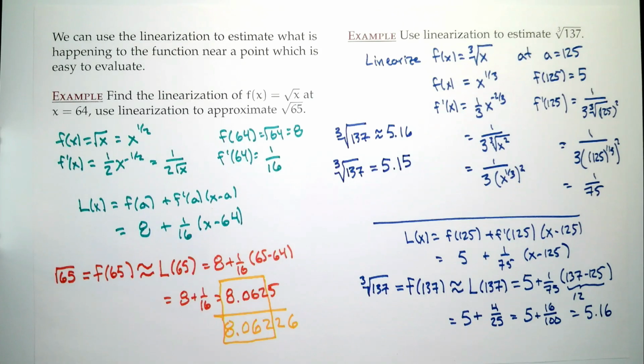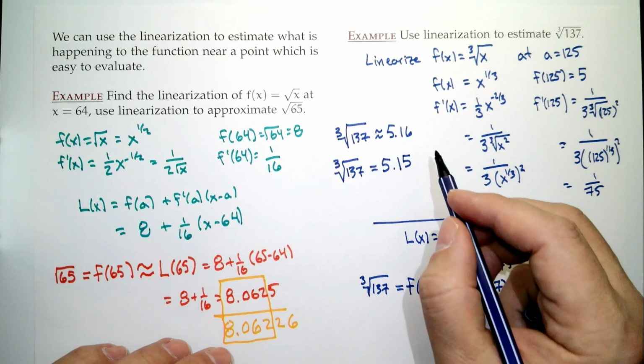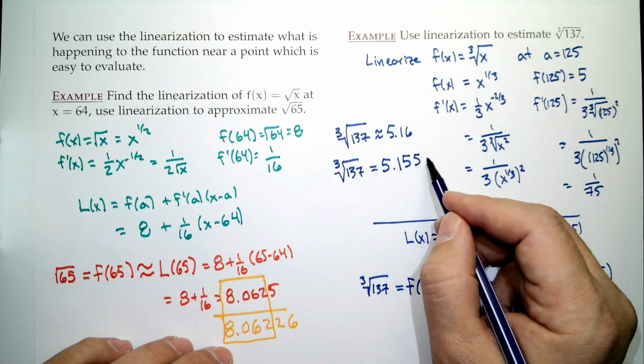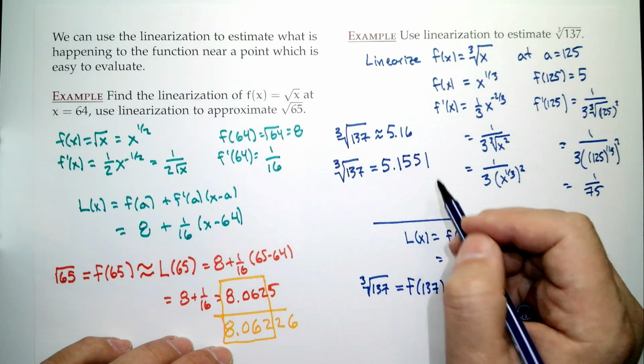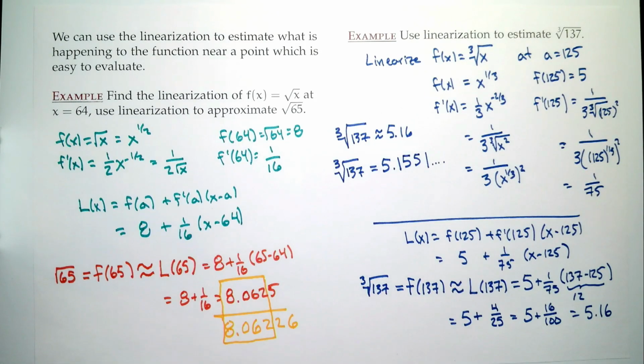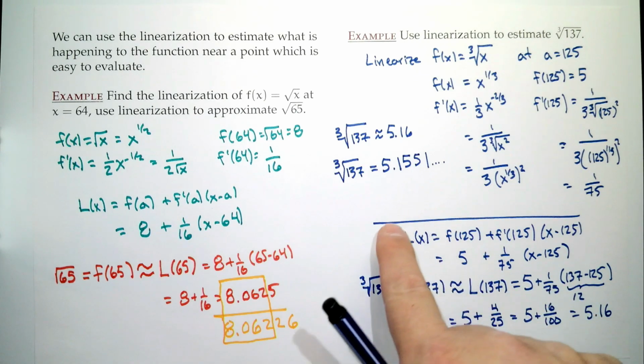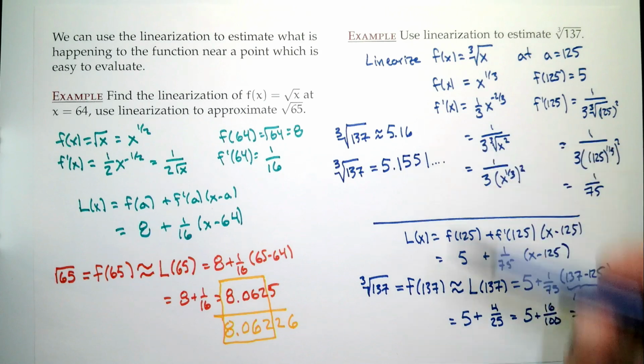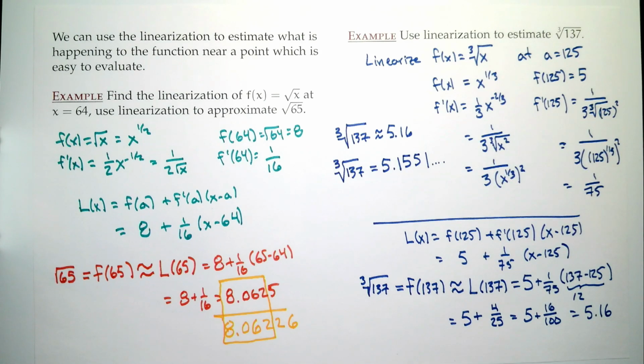Okay, what is it really? 5.155, and I think there's a 1. And again, you'll notice, pretty reasonably close. In fact, if you took 5.1551 and you rounded it to 2 digits, you'd end up with 5.16. So that's pretty good.